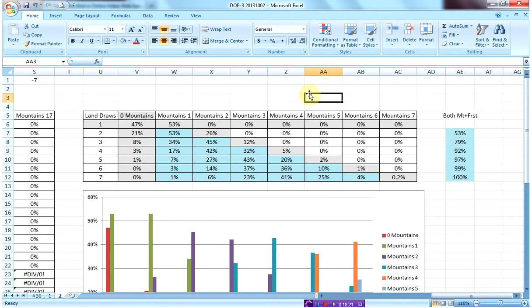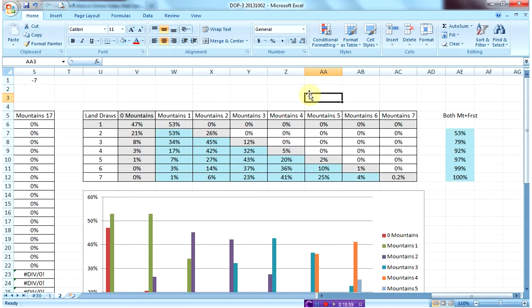So those are the odds that by a given land draw we will have one or more mana of both our colors in this 40 card deck with 17 lands, 9 mountains, 8 forests. We start at 53% with 2 lands and increase up from there.